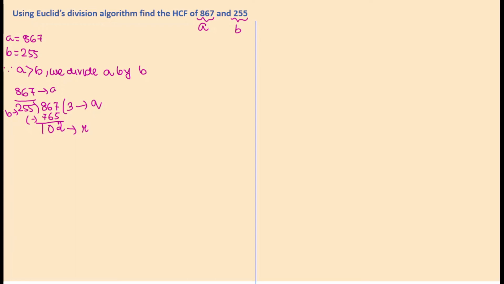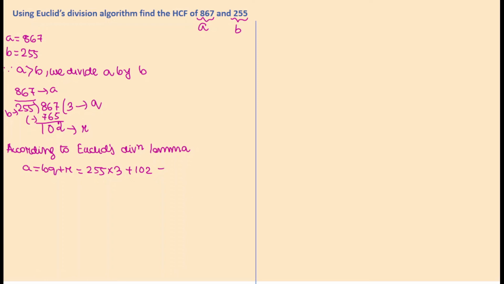According to Euclid's division lemma, we can write A equals BQ plus R, where B is 255 into 3 plus R is 102.